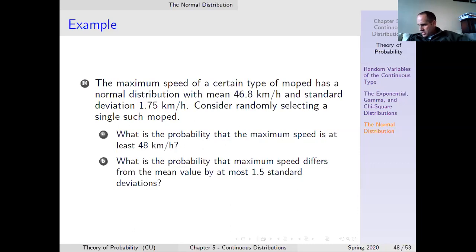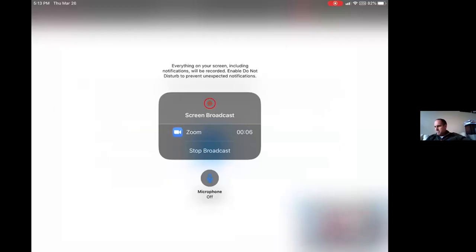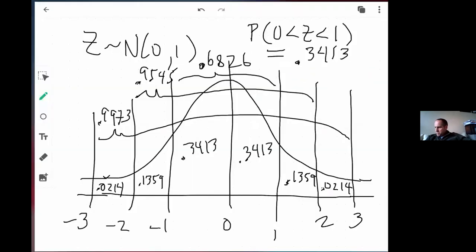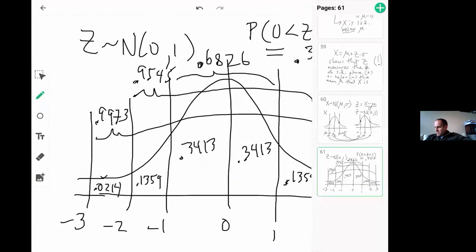Let me share the screen here. Here's our beautiful picture that we just came up with. The setup for this problem is the following. We have a normally distributed random variable.